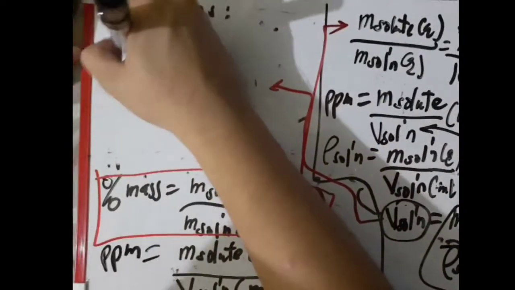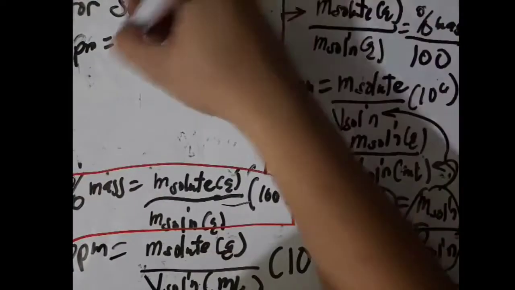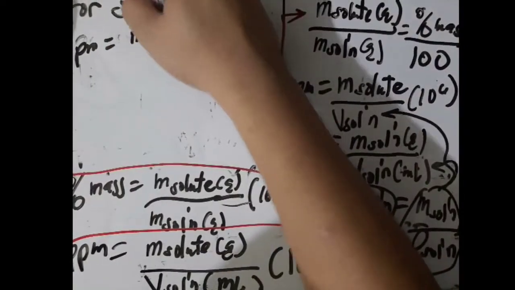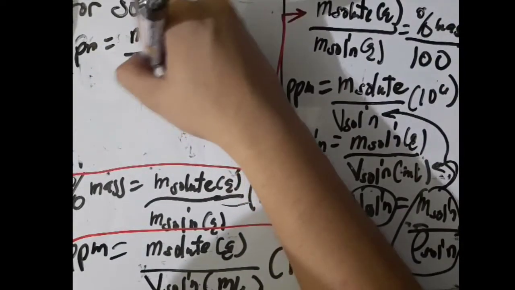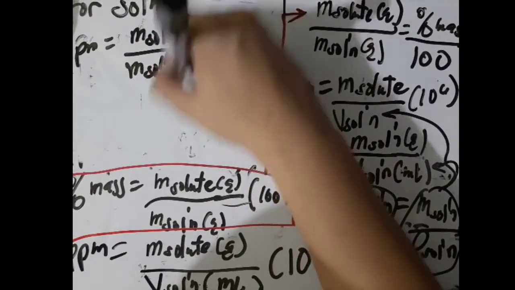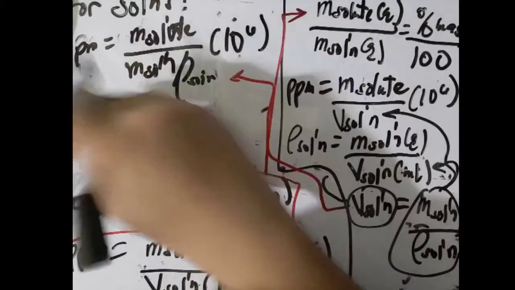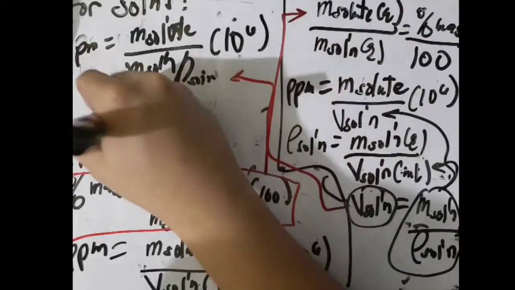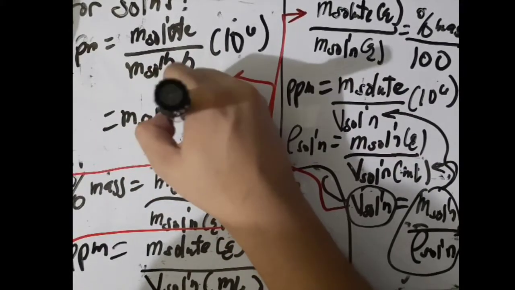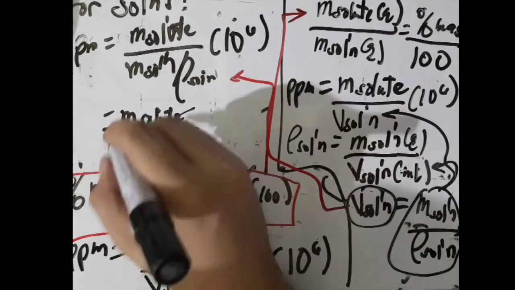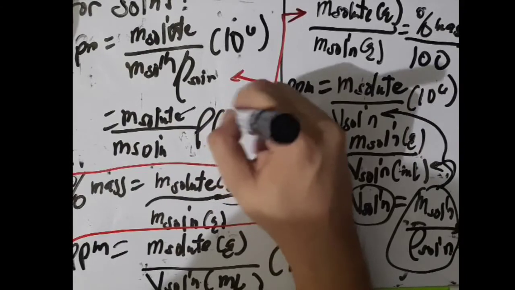Therefore, parts per million is equal to the mass of the solute divided by the mass of the solution over its density, multiplied by 10 to the 6th. Rearranging, this could be expressed as mass of solute divided by mass of the solution multiplied by its density times 10 to the 6th.